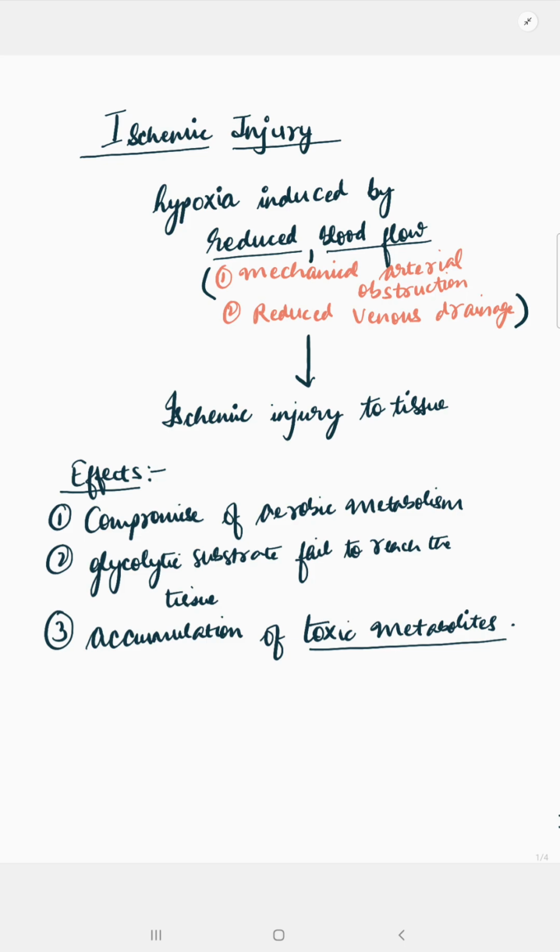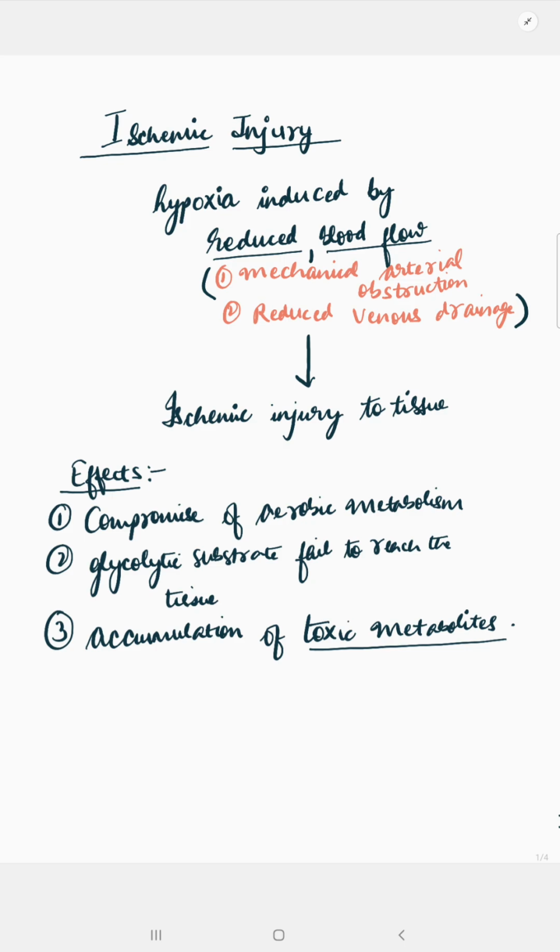So it is a hypoxia induced by reduced blood flow, can occur either due to mechanical arterial obstruction or due to reduced venous drainage. This contributes to ischemic injury to tissue. Now, what are the effects of ischemia?